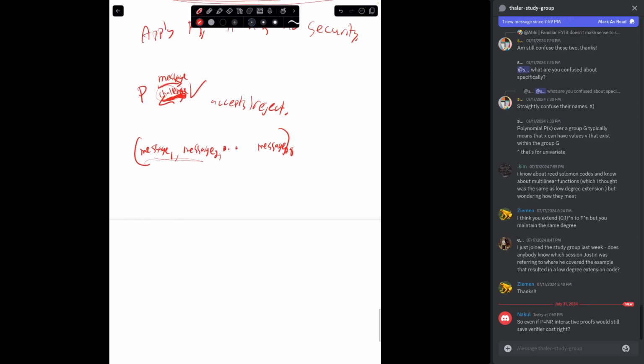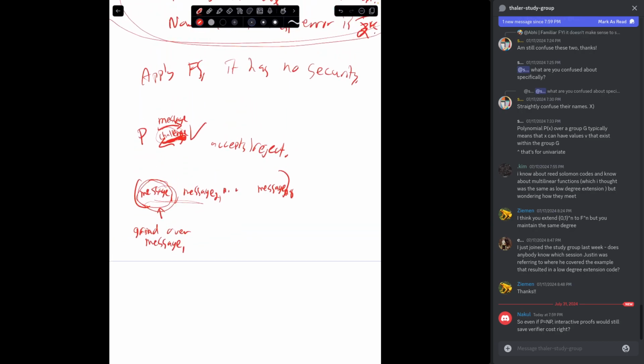Okay, so what the attack is, it's called a grinding attack. The prover is first just going to do a linear search over message ones, so this is called grinding. You grind over the message for the first repetition. Maybe the prover tries some message and sees what the hash is, and the verifier rejects the message based on that challenge, so the prover says, okay, that didn't work out, let me try another message.